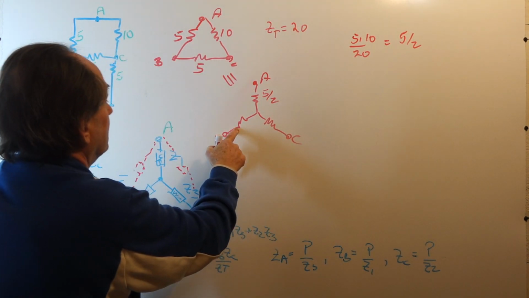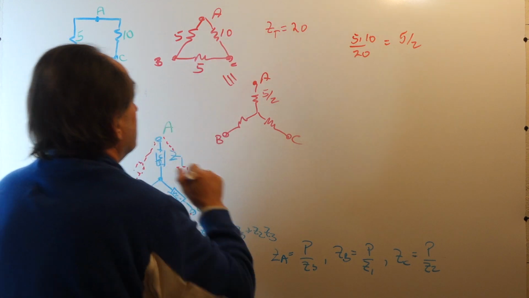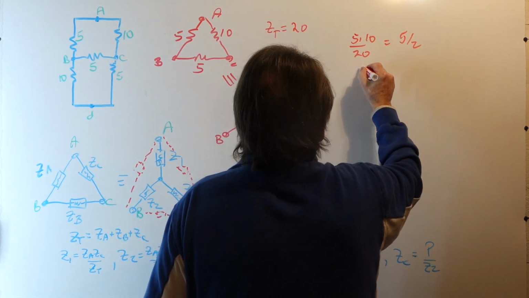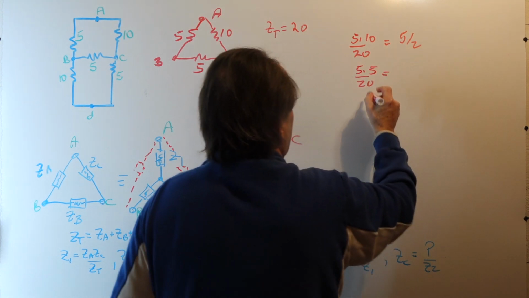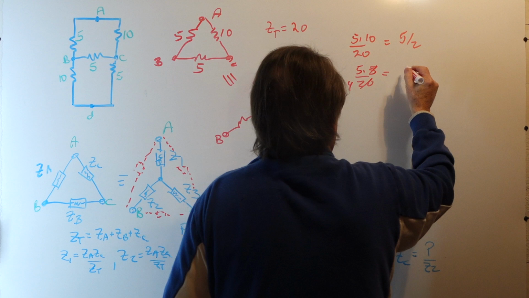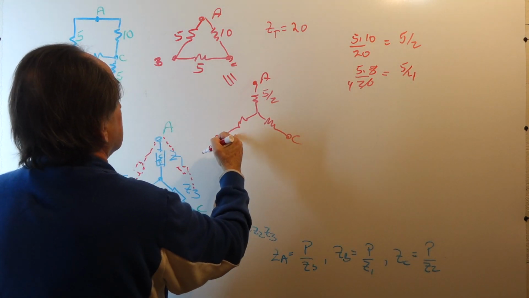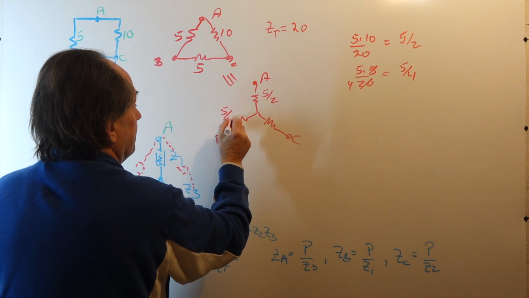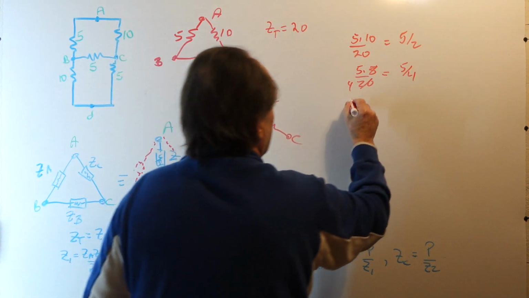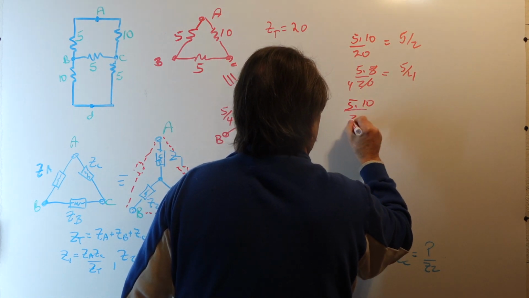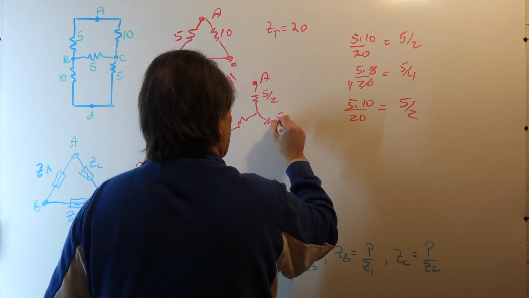What about this element? This element is 5 times 5 divided by ZT. So we have 5 times 5 over 20. 5 goes into 20 4 times, so we have 5/4. So this element is 5/4. And this element is 5 times 10 divided by ZT, or 5 halves.